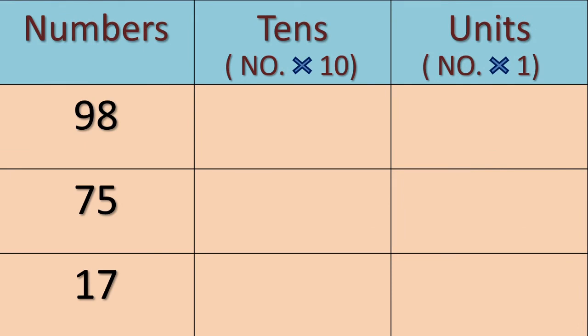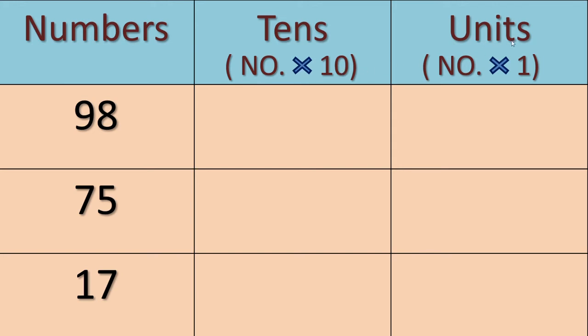Yes, dear children. Here one table you can see. In the first column it is numbers. They are given 98, 75 and 17. Correct? Now, second column is tens column. Here it is written number multiplied by 10. Okay?